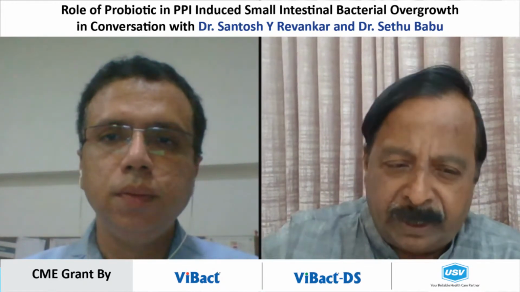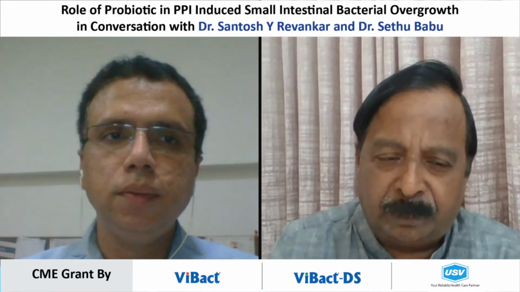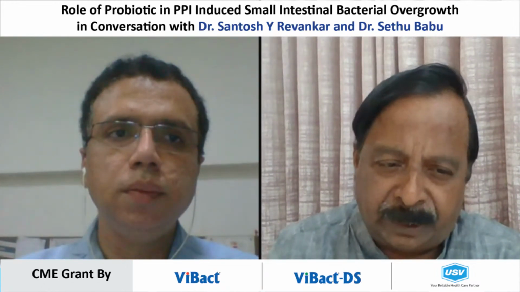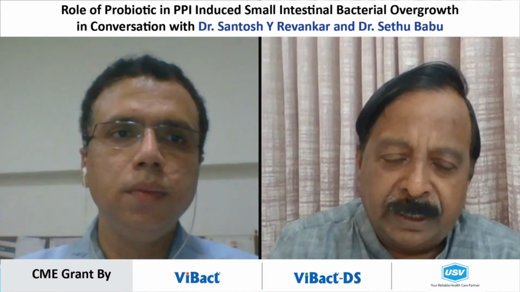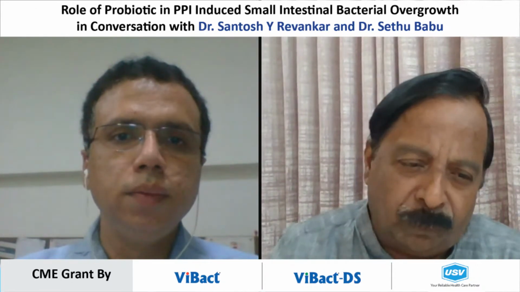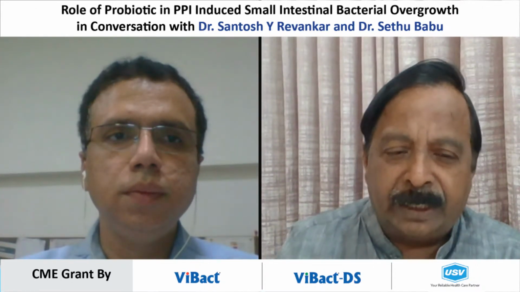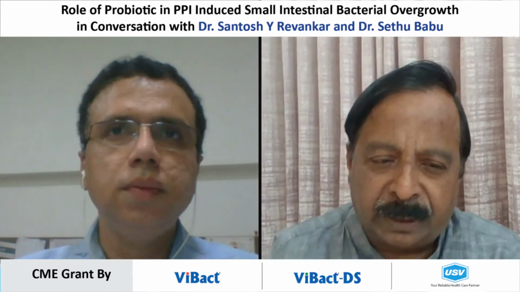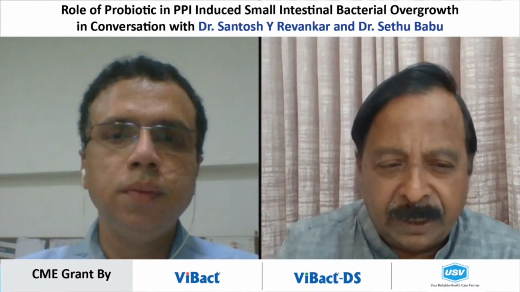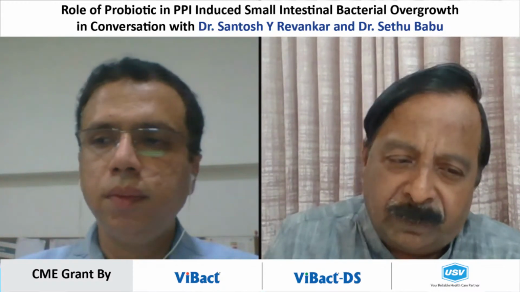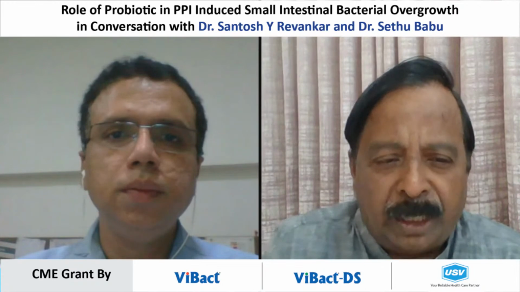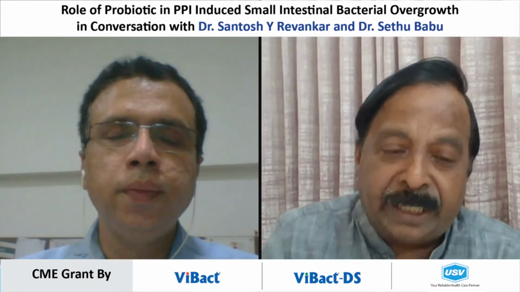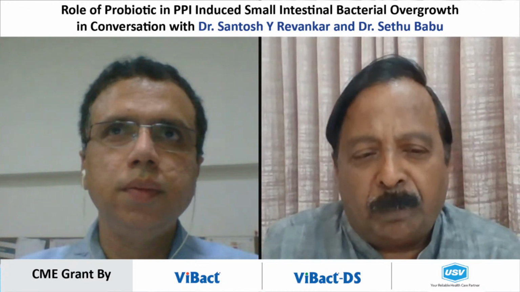So whenever these bacterial flora are disturbed due to multiple reasons, there is an excess of coliform growth, and the favorable bacteria, including lactobacillus species, get suppressed. So you get a change in the bacterial flora. This is referred to as small intestinal bacterial overgrowth, and it has a negative impact on the human body.